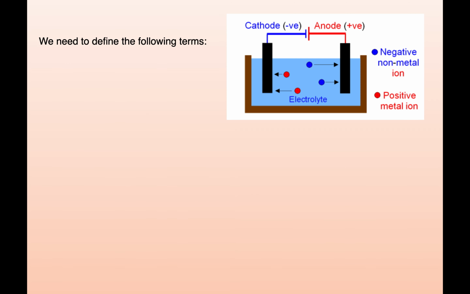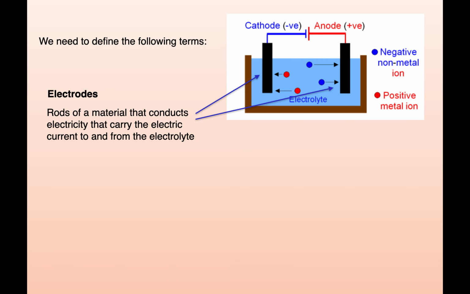Let's get some more definitions. So there's that particular setup. My electrodes are the rods that carry the electric current to and from the electrolyte. Okay? They look like graphite here, and they often are graphite. They're rods that conduct electricity, and they carry the electrons from this cell to and from the electrolyte.